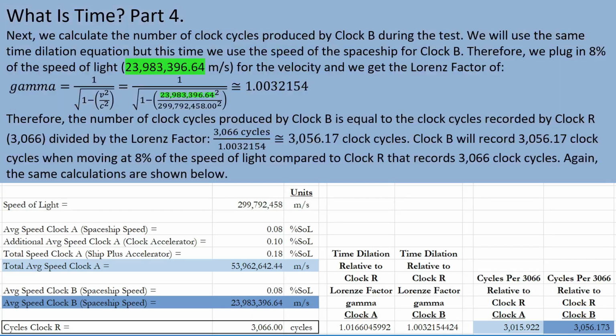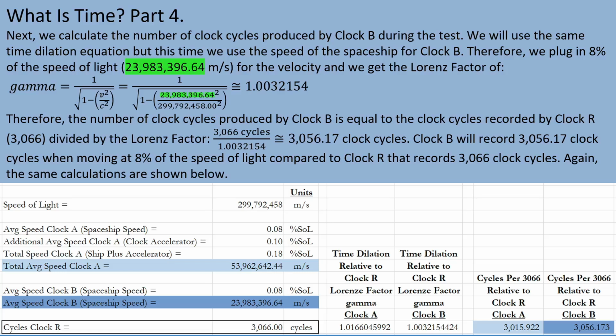Next, we calculate the number of clock cycles produced by clock B during the test. We will use the same time dilation equation, but this time we use the speed of the spaceship for clock B. Therefore, we plug in 8% of the speed of light for the velocity, and we get the Lorentz factor of gamma equals approximately 1.0032154.